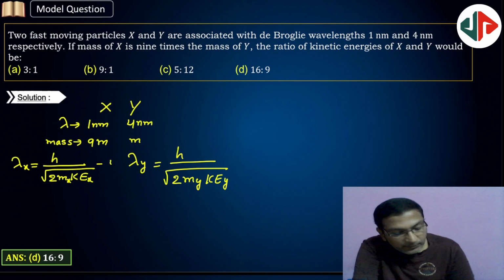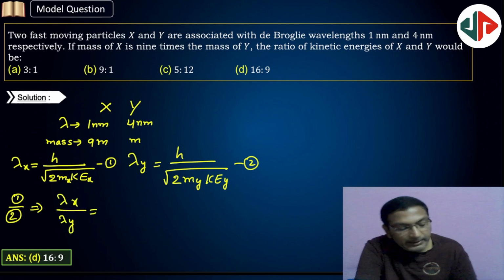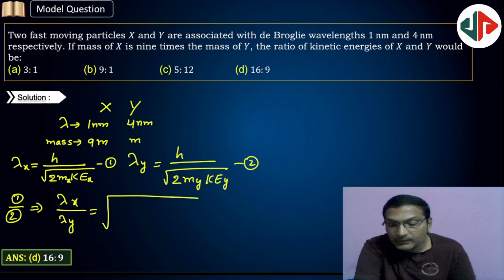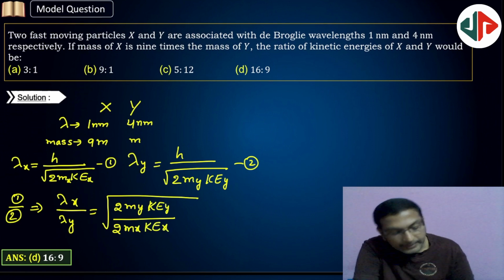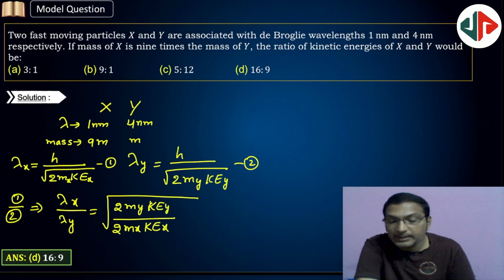So this is expression 1 and this is expression 2. Take expression 1 by 2. We will get lambda x by lambda y equal to root over 2my KEy by 2mx KEx. Substitute these values, we'll get.